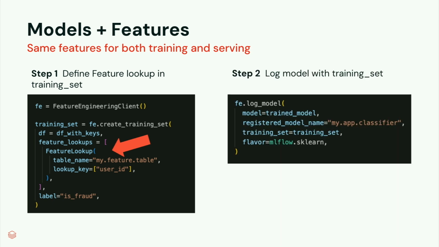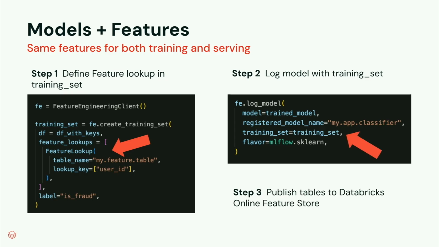Then the second step is to log this model. It basically stores this model in Unity Catalog. By logging this model, we combine the model and the features. So the model knows where the features are, and it automatically knows, if the model is served online, where to look up these online features. Then the third step is to publish the feature table to the online feature store.